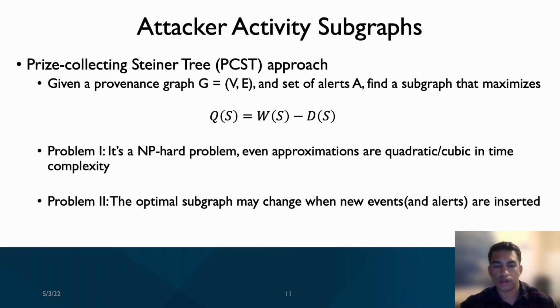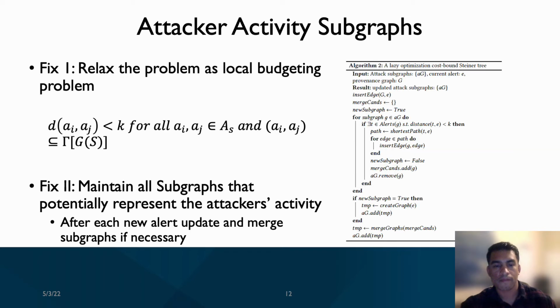or at least usable. Right, so we made a couple of modifications to the PCST algorithm in order to fit the optimization to our problem. The first is we relaxed the PCST optimization into a local budgeting problem.